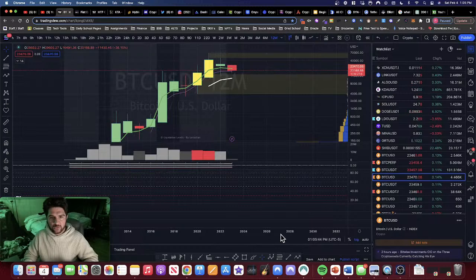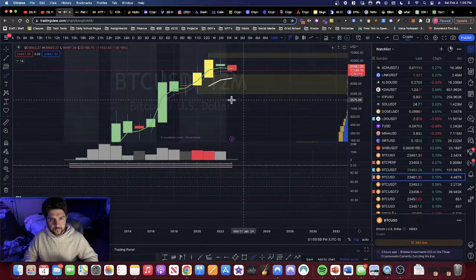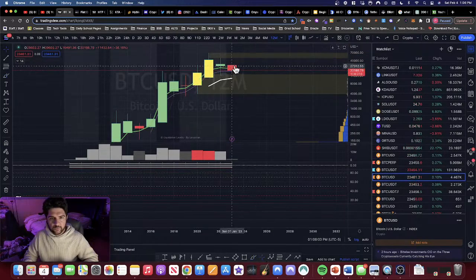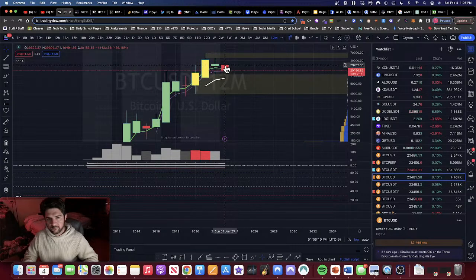So these two yearly candles are very telling. These are two pivotal years. The trend is telling me that we will continue down this year. That's what this says.